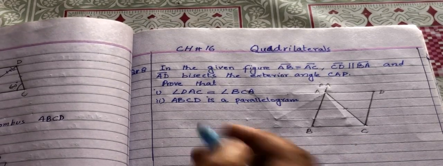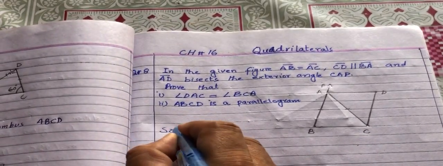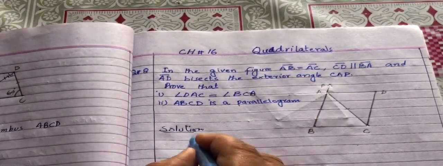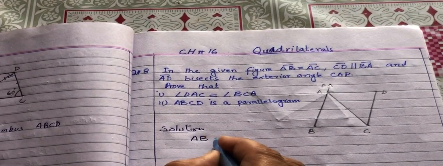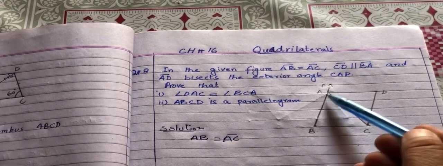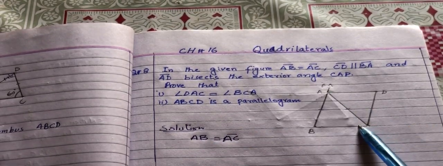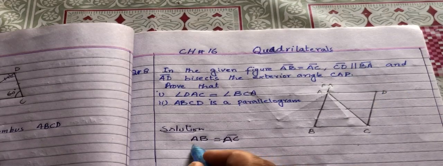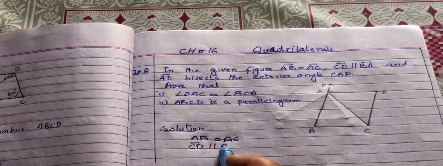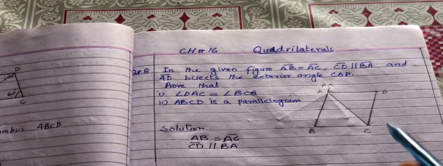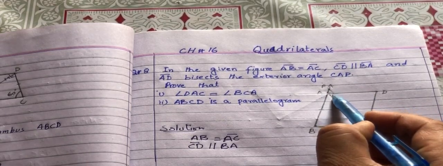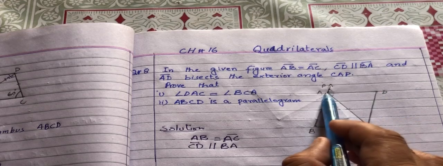So first of all, in the solution we will write the givens, which is AB is equal to AC, and CD is parallel to BA, and angle CAP is an exterior angle which is bisected by the line AD.